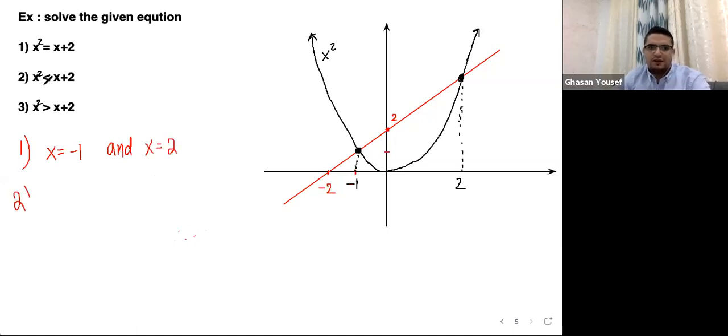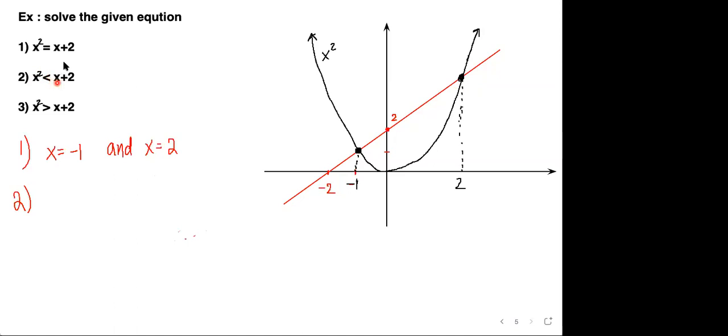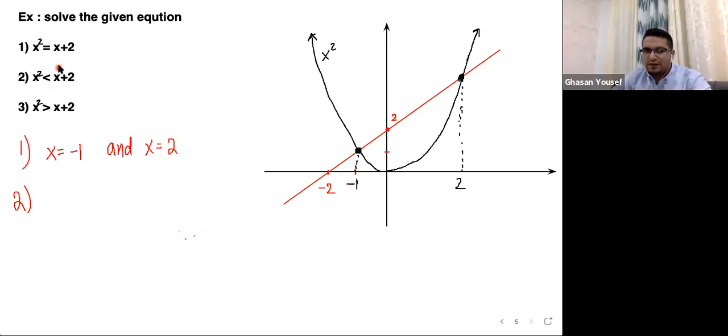For question number 2, they ask when x squared is less than x plus 2, or in a different way, when x plus 2 is above the function x squared. When the red line will be above the parabola, the cup. Because here we have an inequality, you have to use an interval for the solution.